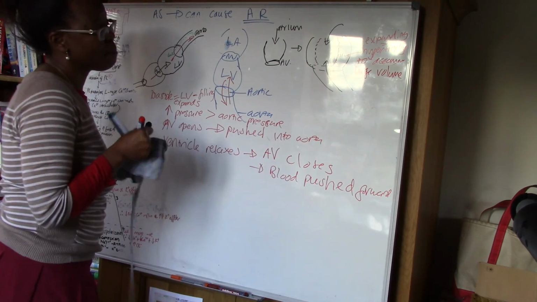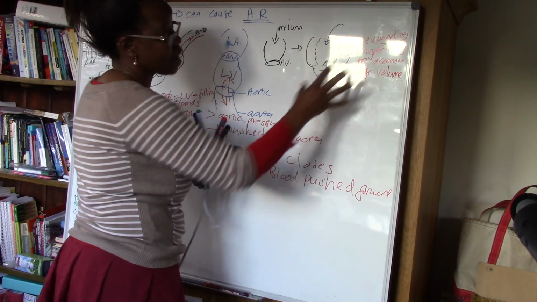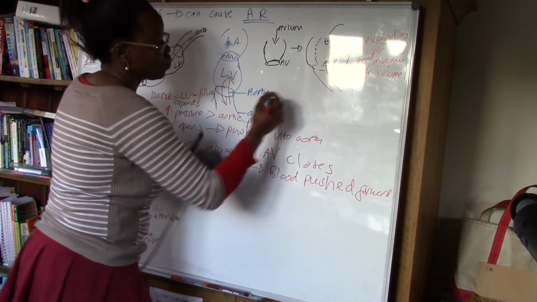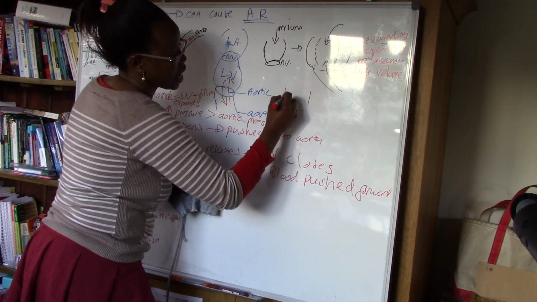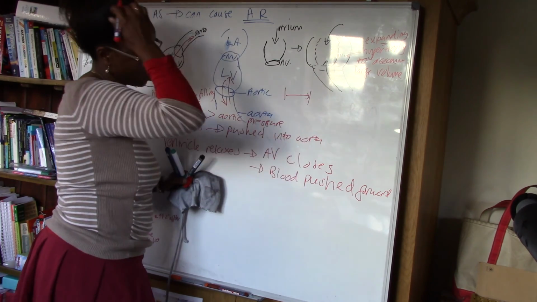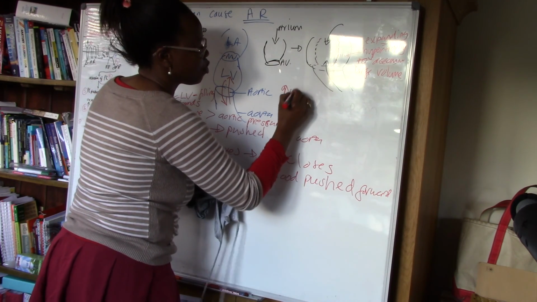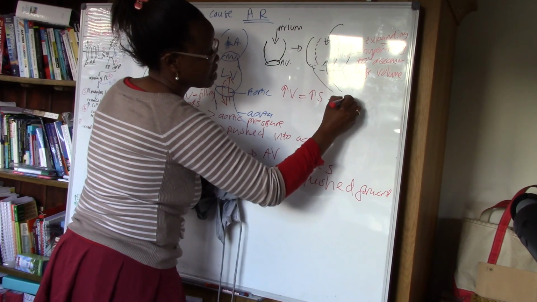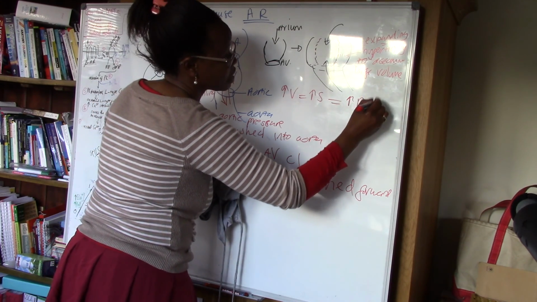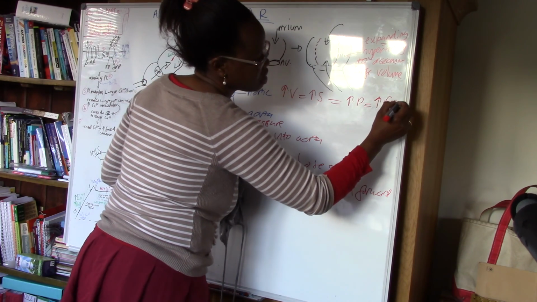And if we remember Frank Starling, as we increase the volume, we increase the stretch, which also increases the pressure, which also increases the forward ejection, the force of contraction.